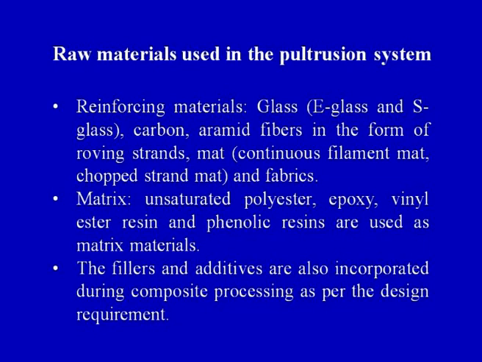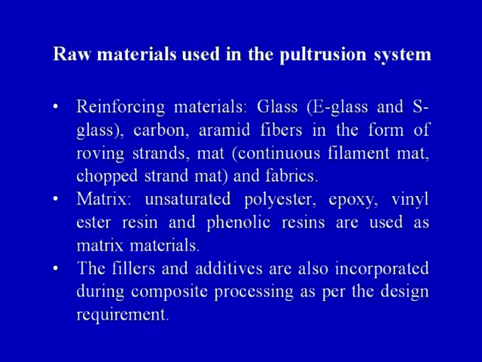Now what are the raw materials that go into the pultrusion system? Reinforcing materials can be glass fiber, E-glass and S-glass, carbon, aramid fibers in the form of roving, strands, mats. Continuous filaments are used. Chopped strand mats and fabrics can also be used. So basically this particular point highlights two important things. First is the material of the raw material.